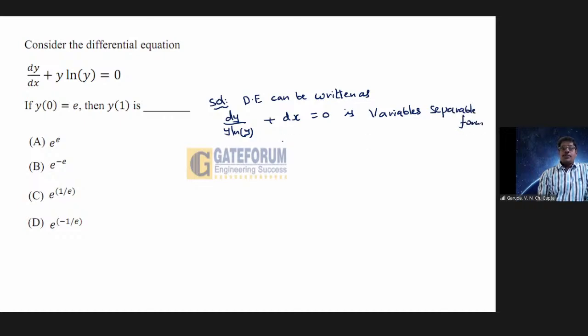The next step is integrating. We get the integral of 1 by y into log y, comparing with f dash x by f x, plus the integral of dx is equal to c, where c is an arbitrary constant.